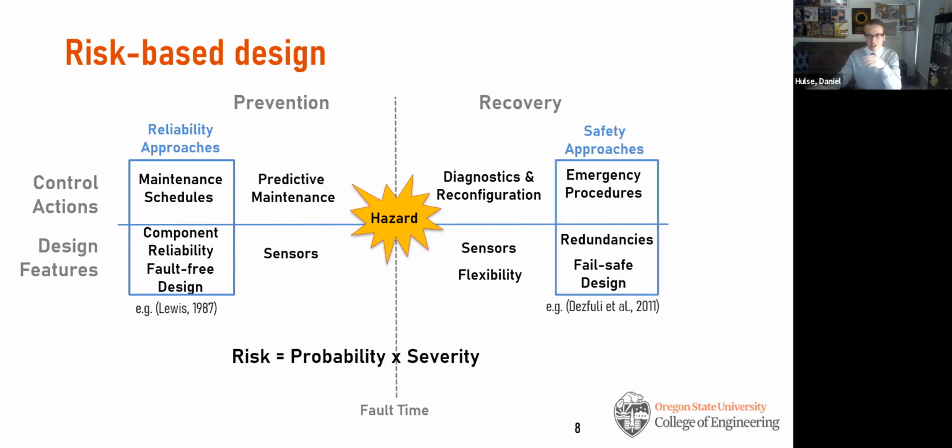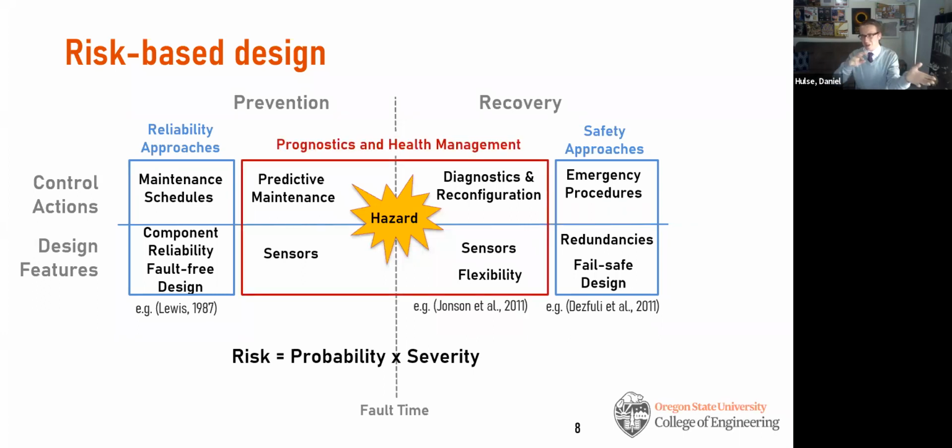And so safety approaches get some of those things. Also, there's some overlap between these in the field of prognostics and health management, where we're looking at proactively mitigating and proactively preventing hazards from occurring.